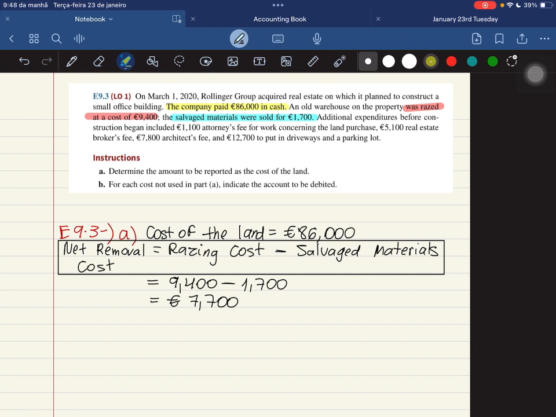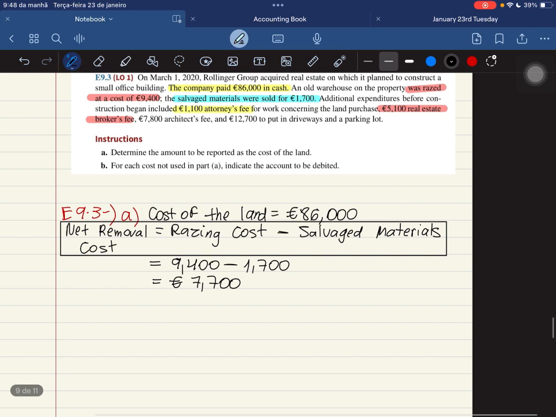Some additional expenditures. We have 1,100 attorney's fee, and we also had some 5,100 real estate broker's fee. Well, both of these two, if you check your handout, you're going to see that every time you buy land, it's a must to consider the attorney's fee and the real estate broker's fee, because without these two, you really cannot acquire the land.